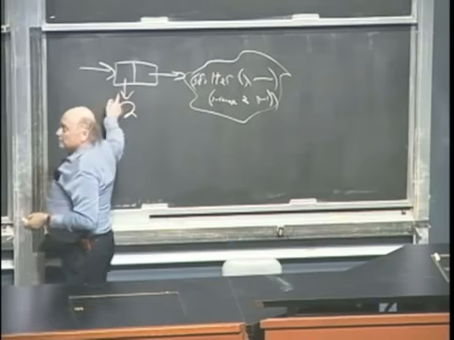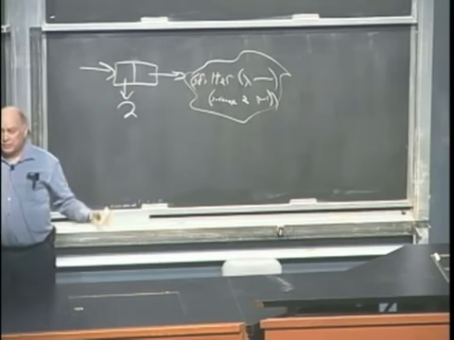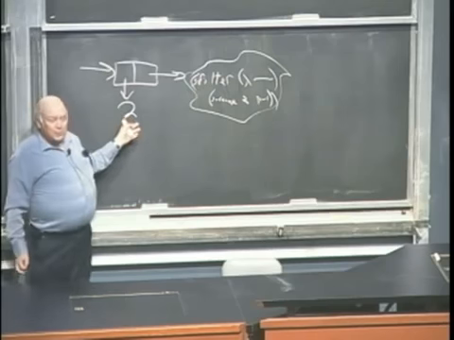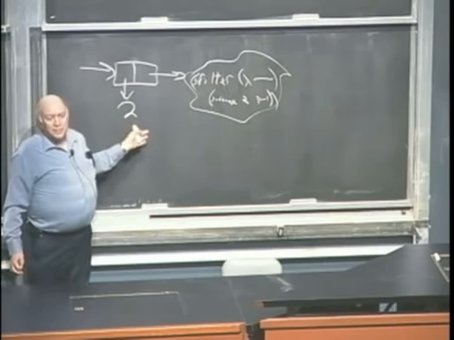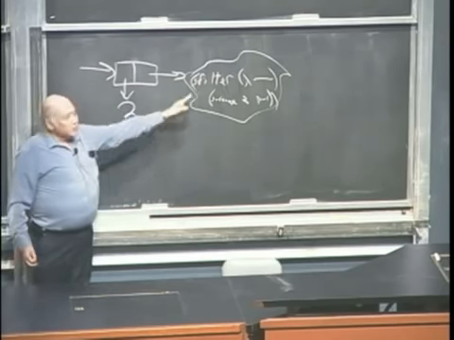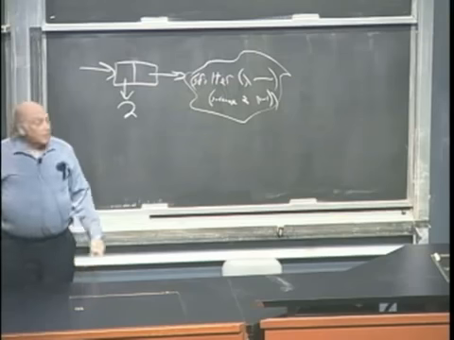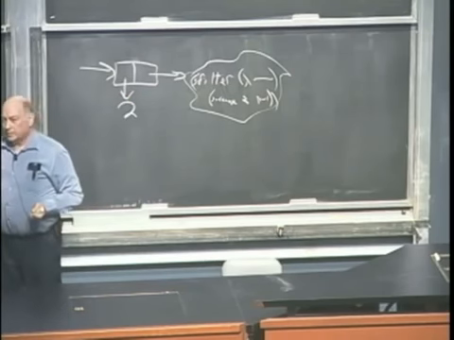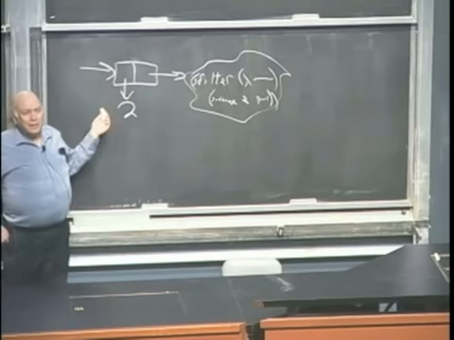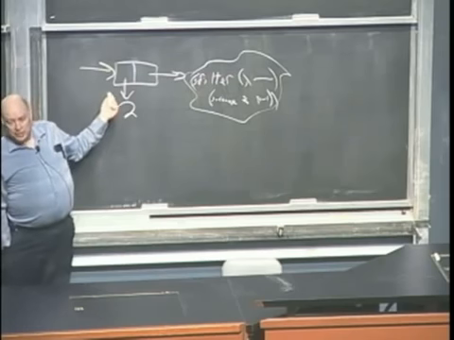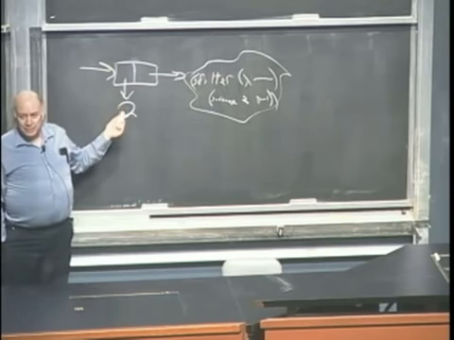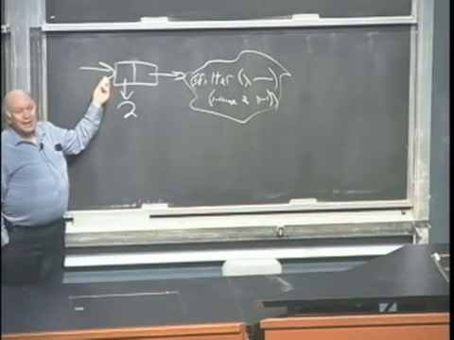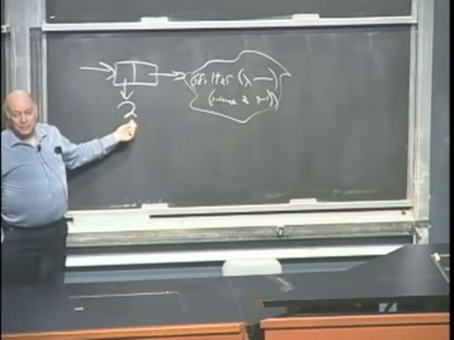Stream filter returns this. Stream filter's finished, at least for now, because it found one element of its output, and it's only promising to do the rest later. So it hands this to stream null. Does stream null have enough information to know whether or not this is empty? Yeah, it does. This is not empty. It has at least one element.